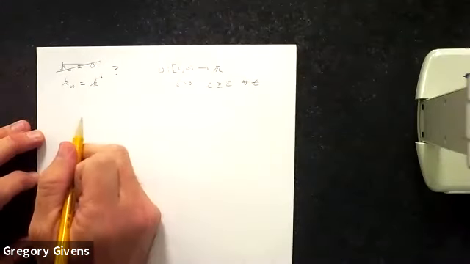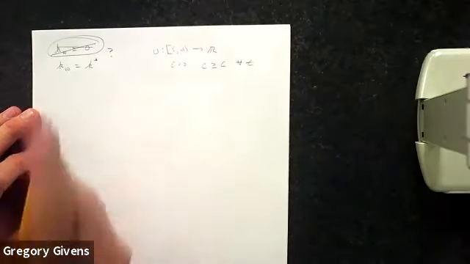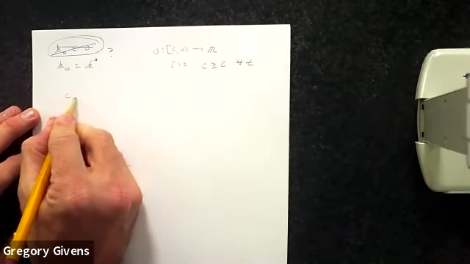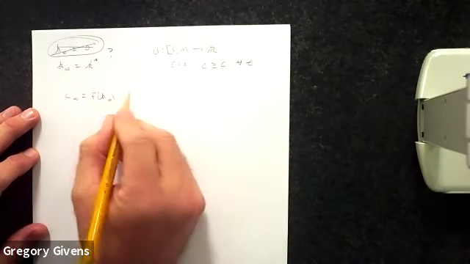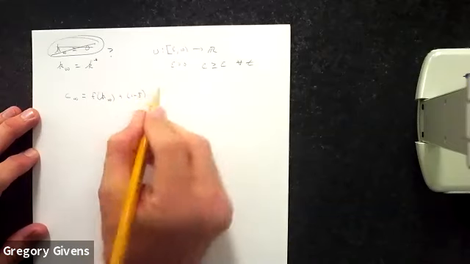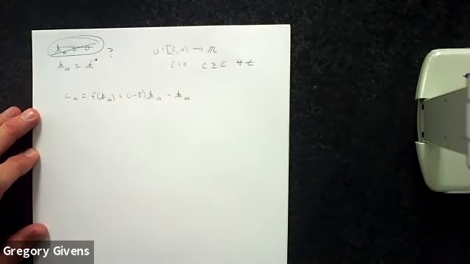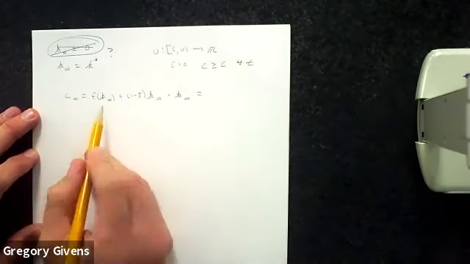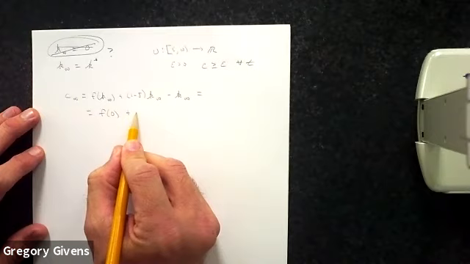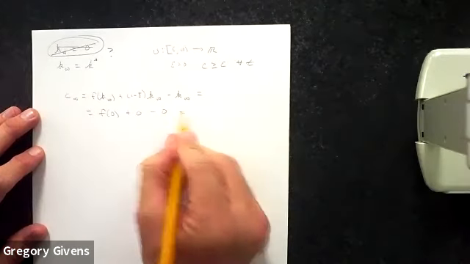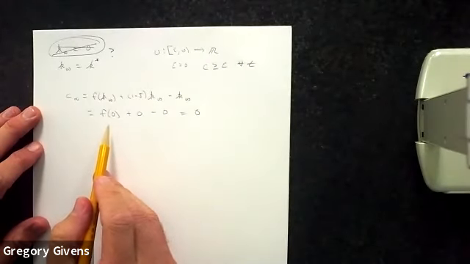Well, let's think about what happens to consumption if indeed k infinity is 0. Consumption at infinity would be defined by f of k at infinity plus 1 minus delta times k at infinity minus k at infinity. Well, what's that going to be equal to? That's f of 0 plus 0 minus 0 is equal to 0. Remember, capital is an essential input. F of 0 is going to equal 0.